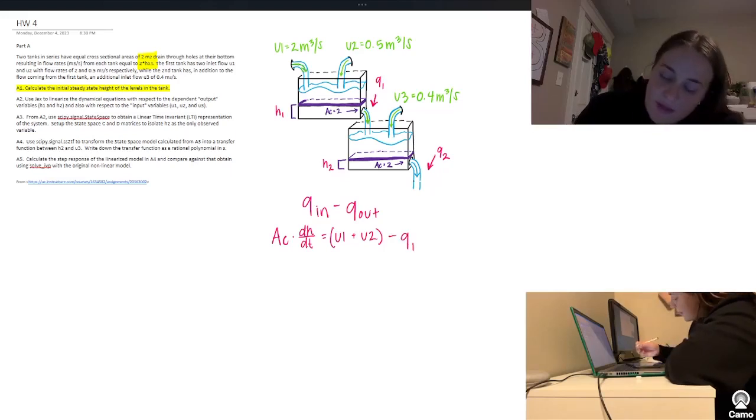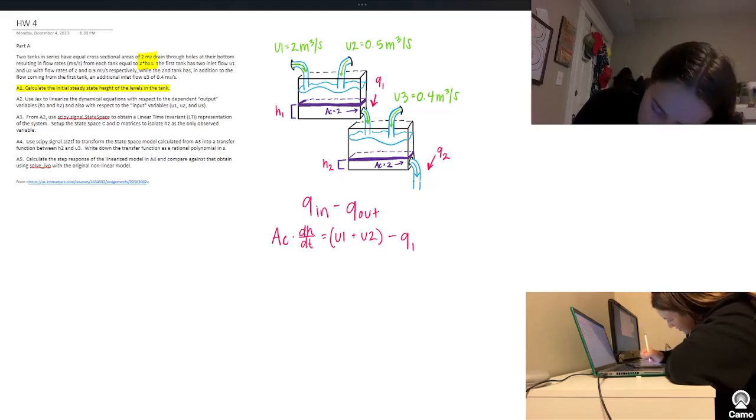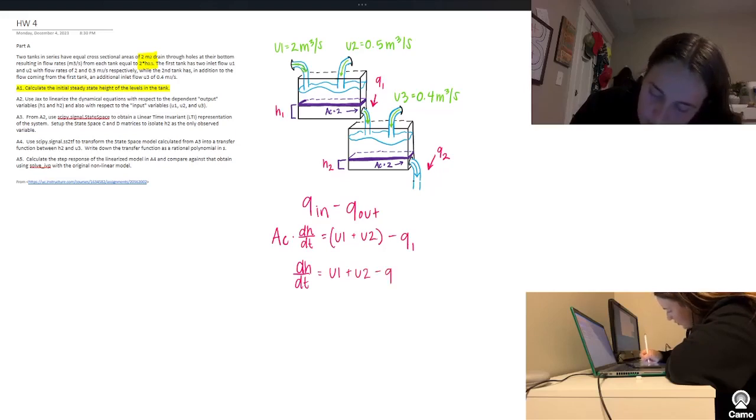And this is simplified down to dH over dt equals U1 plus U2 minus Q1, divided by AC.